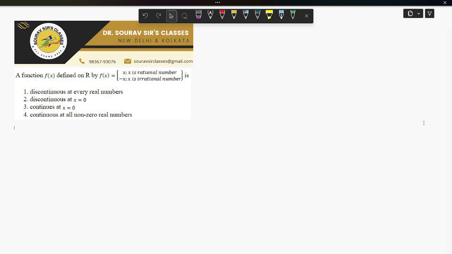Now we are tasked with analyzing the continuity of the function given in the question, which is f(x) equals x when x is rational, and minus x when x is irrational. First we are going to check the continuity at x equals 0.